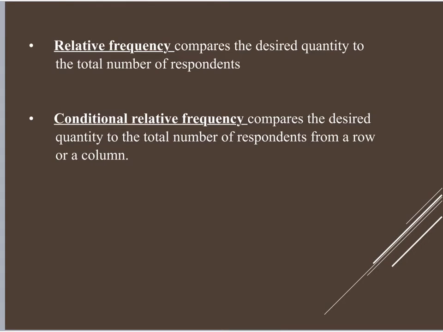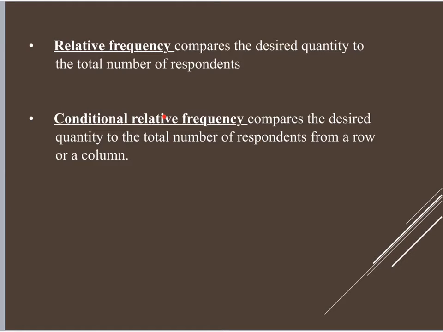And just note that when you're looking at frequency tables, there are two different types of numbers you can look at. You can look at the relative frequency, which compares the desired quantity to the total number of respondents. So we could have said how many females wanted an SUV compared to the total of 240 people that were surveyed.